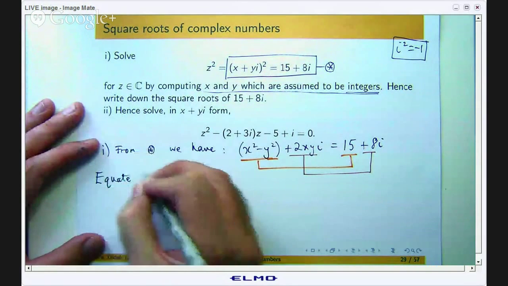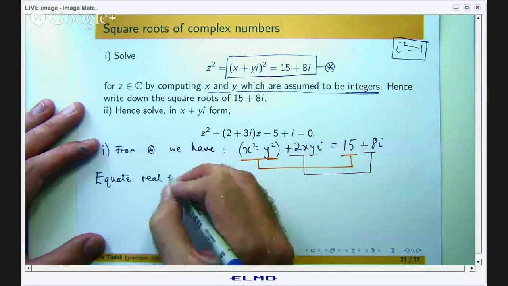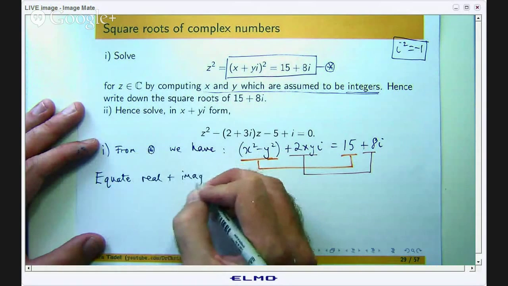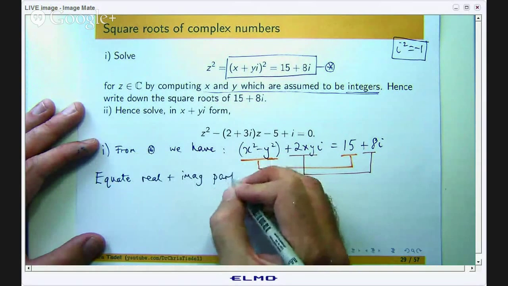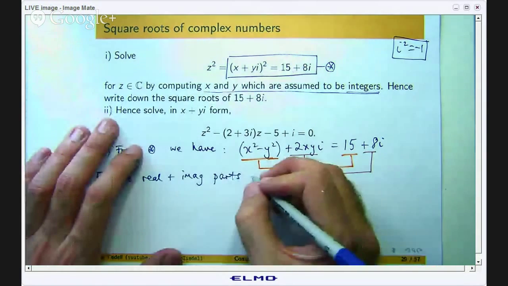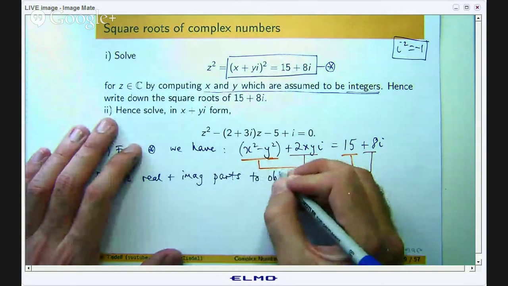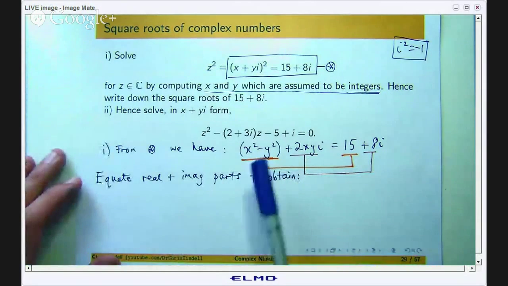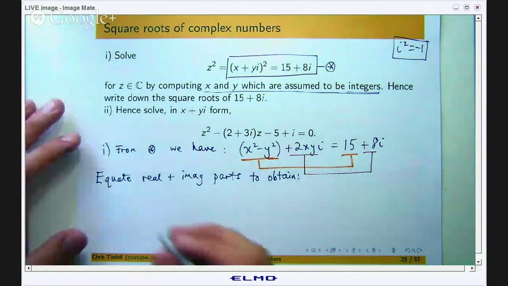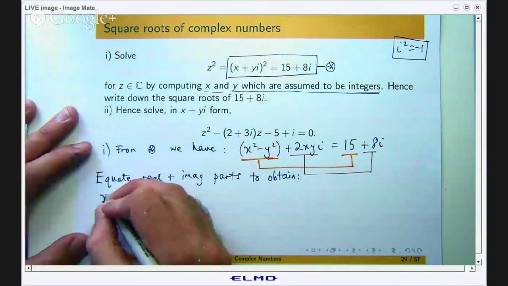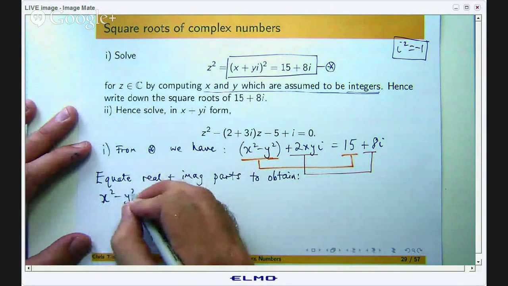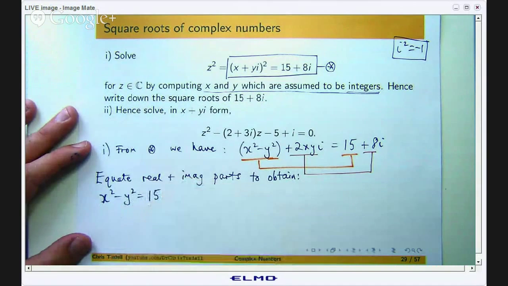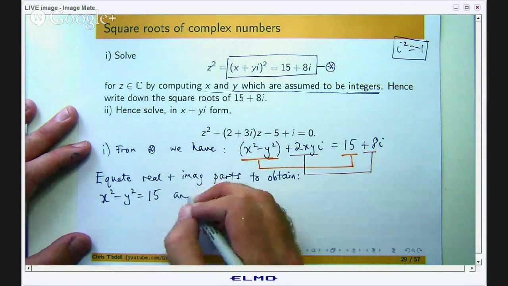So let's equate the real and imaginary parts to obtain the following. We're going to get x squared minus y squared equals 15. That's one equation. And 2xy equals 8.